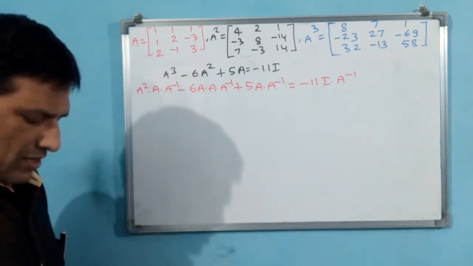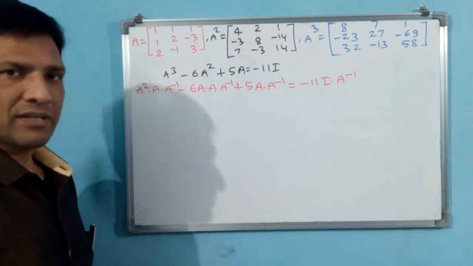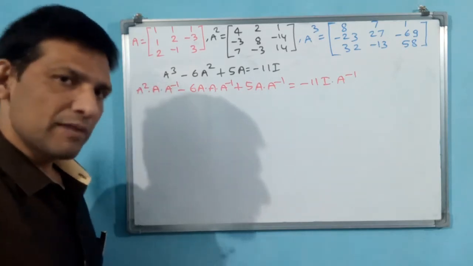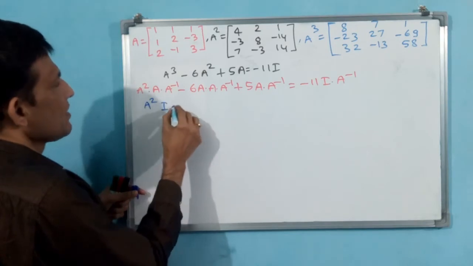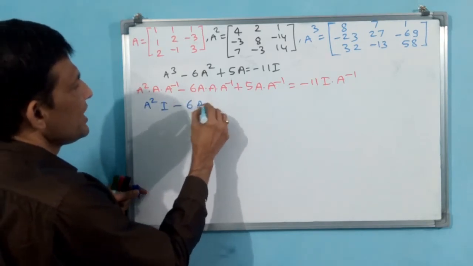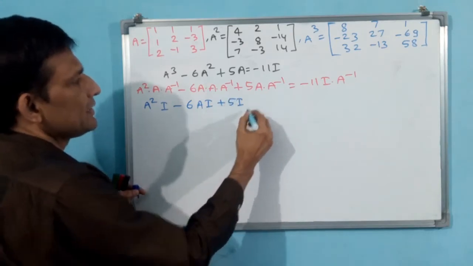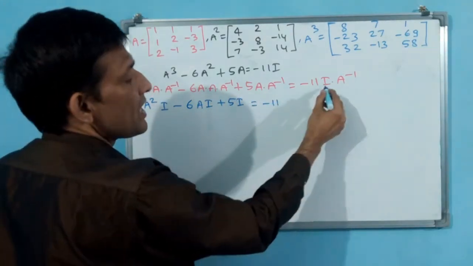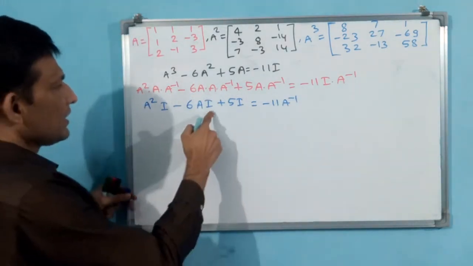Okay? You see, we know very well A into A inverse is I. So A into A inverse means A square I minus 6A I plus 5I is equal to minus 11 I into A inverse. Same formula here also you apply.